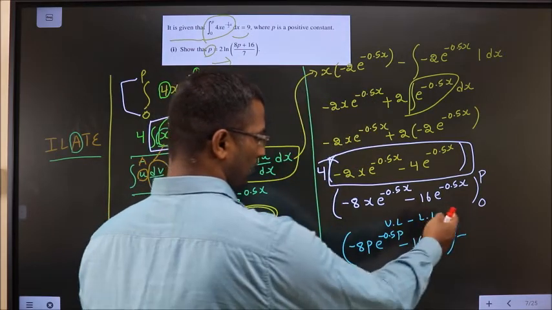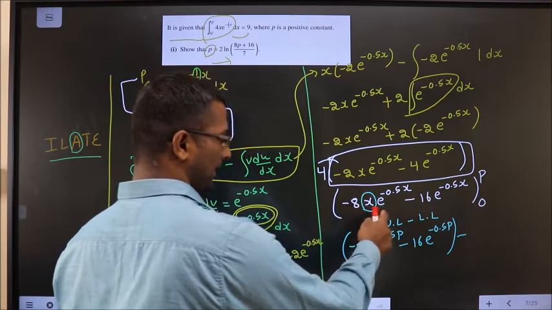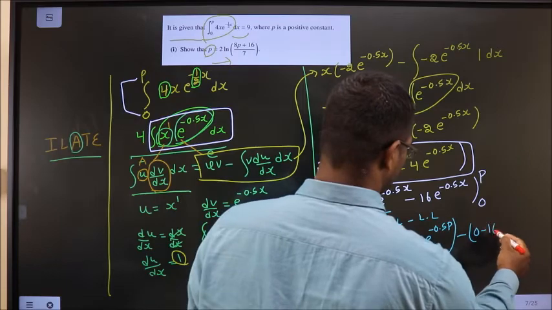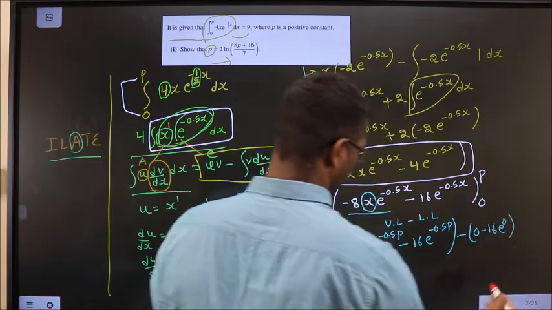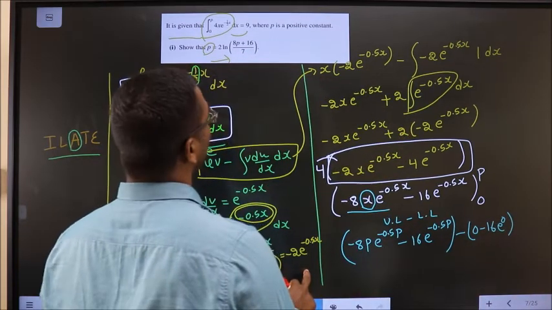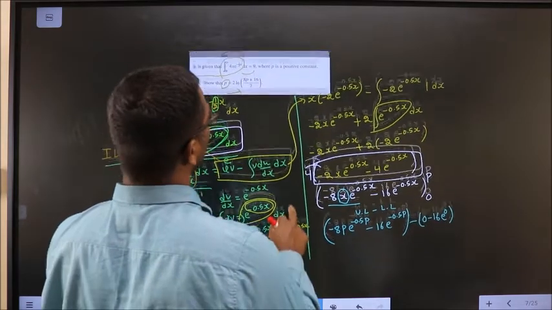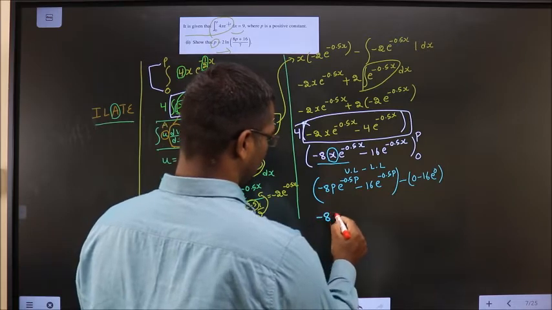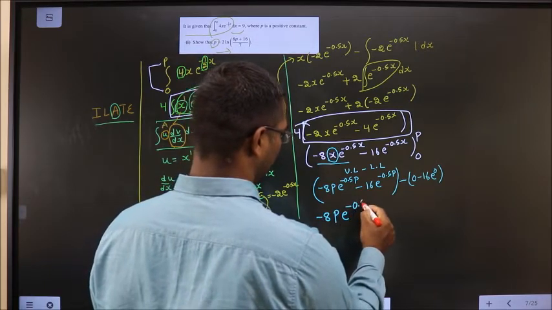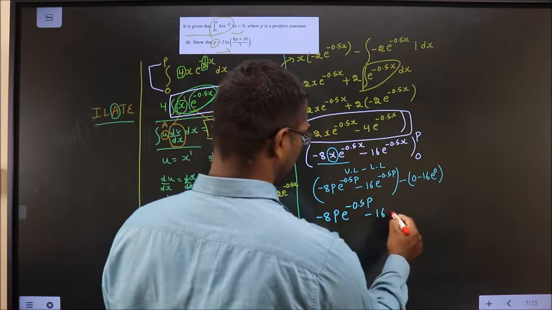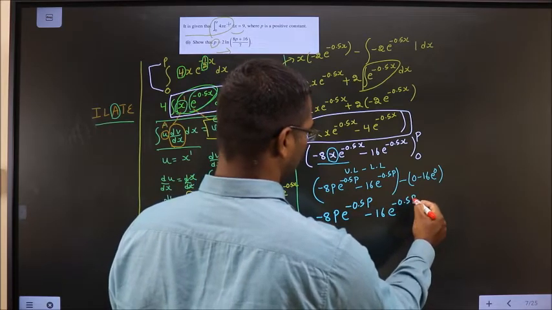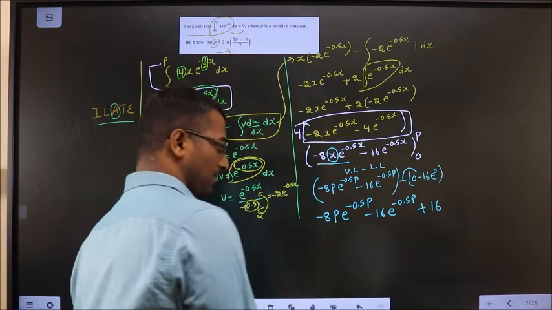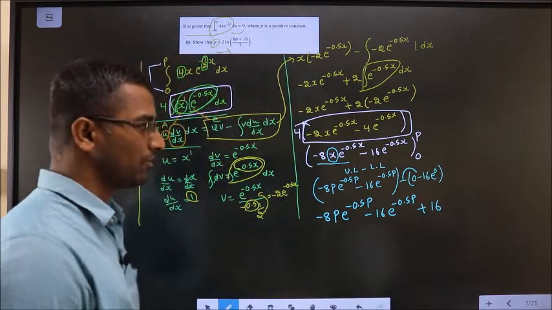Lower limit is 0. In place of x, when I take 0, this entire first term is gone. So 0 minus 16 e power 0. So that is minus 8p e power minus 0.5 p minus 16 e power minus 0.5 p, minus minus, plus 16 e power 0, which is 1. So this is what we got.